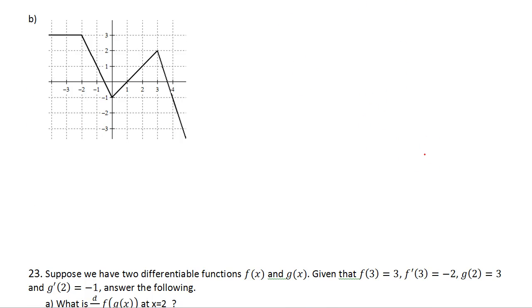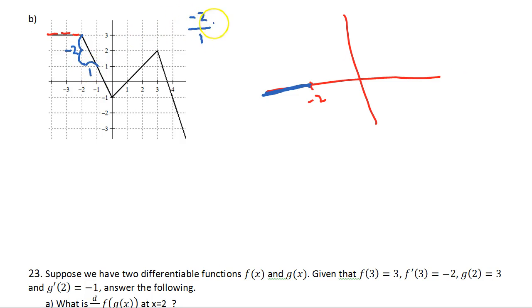What about this derivative? Well, what's the slope here? 0, right? So from -4 to -2, the slope will be 0. Now what's the slope here? Well, if you do rise over run, rise is -2 and run is 1, so rise over run gives you -2.